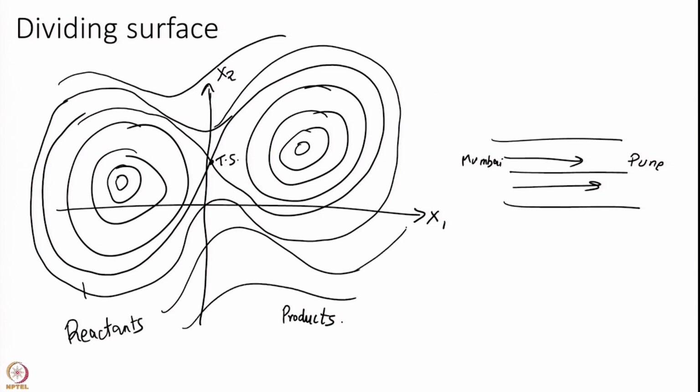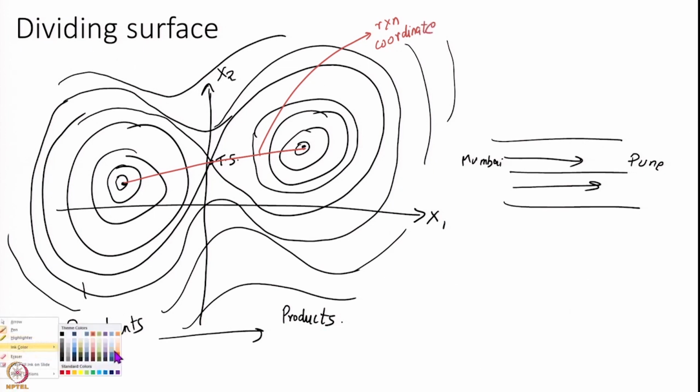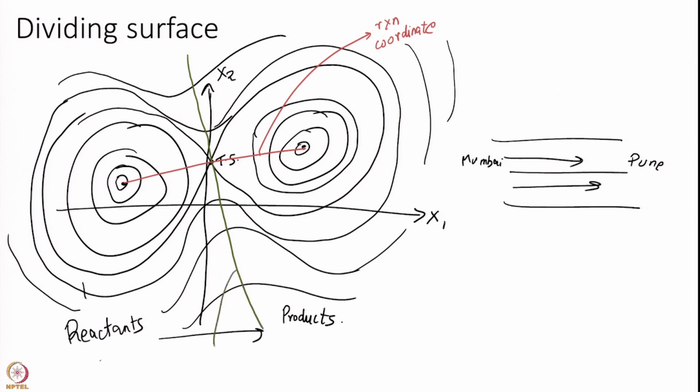So, you get energy surfaces that look like this, and I am going from this reactant to product. Okay, so, this is my reaction coordinate, and I am sitting at the transition state, and if I draw a surface that is perpendicular to the reaction coordinate, this is essentially my Q2.